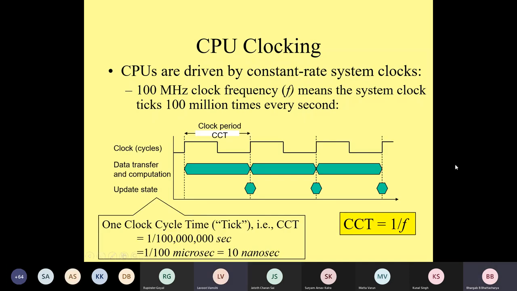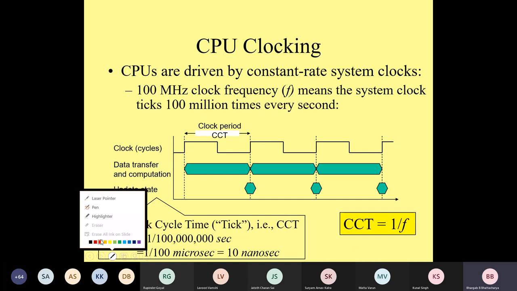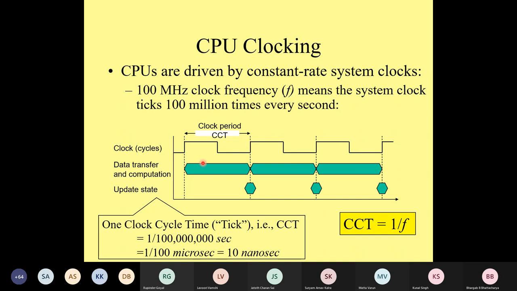If you look at this diagram, it shows the clock cycle, which is a periodic train of pulses, and there is a leading edge and a trailing edge. Normally in a synchronous system, the flip-flops are designed so that they change state at the transitions, for example at the leading edges.